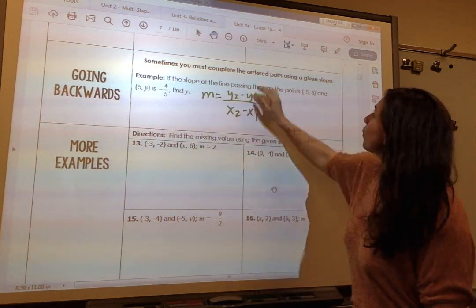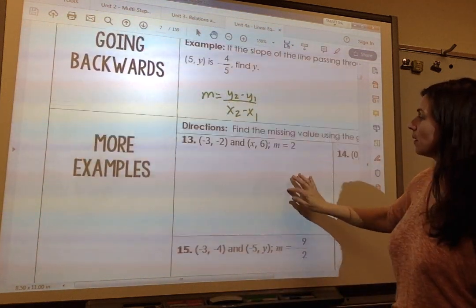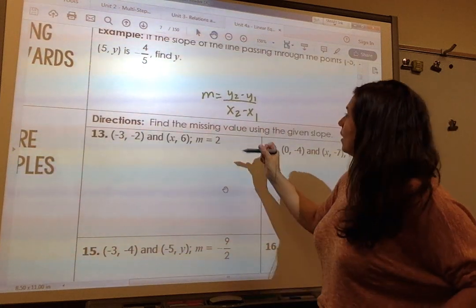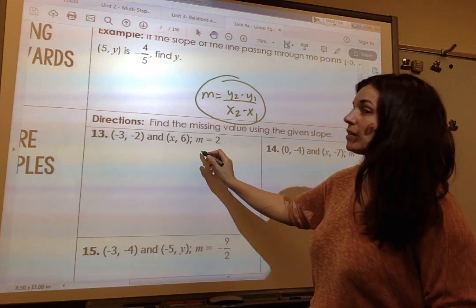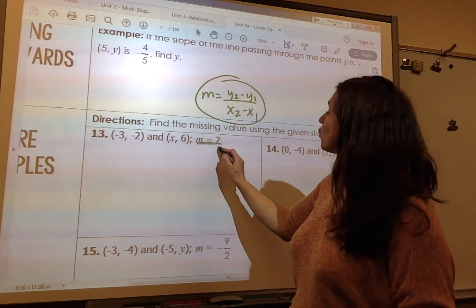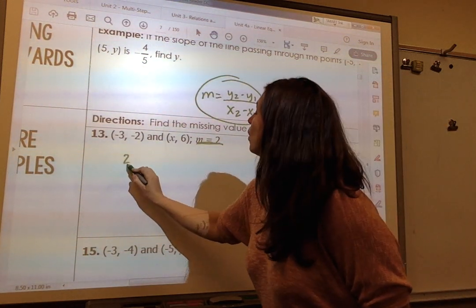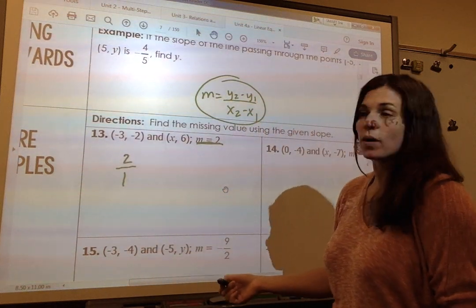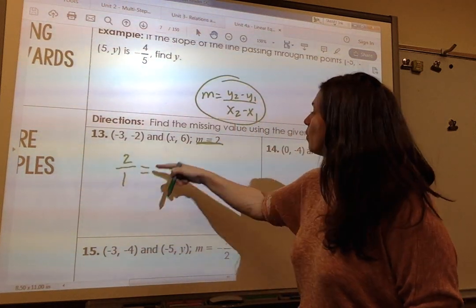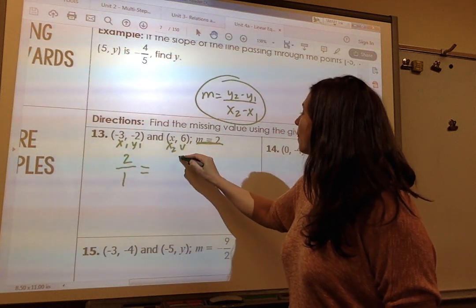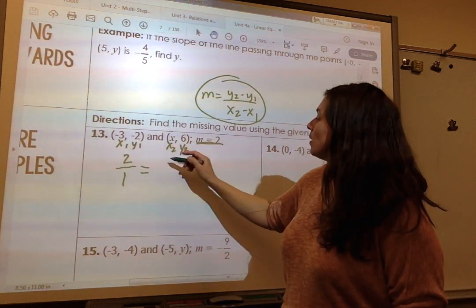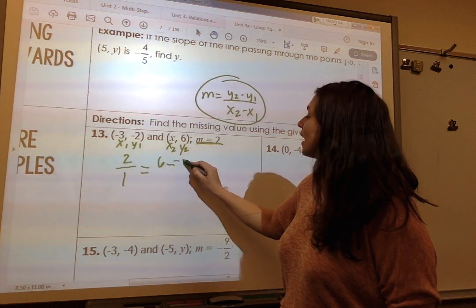So let's look at number 13. Okay? And I'm going to use this to help me. It's saying my slope here is 2. How do you turn 2 into a fraction? You put 2/1, right? 2/1. And we're going to say my slope equals, I'm going to label these, 6 minus a -2.